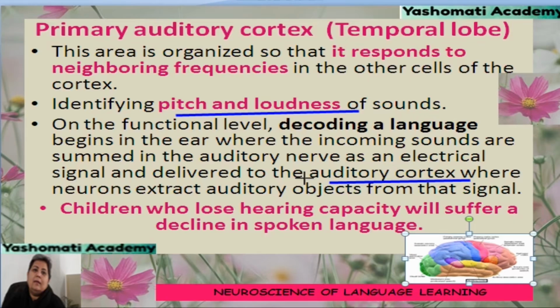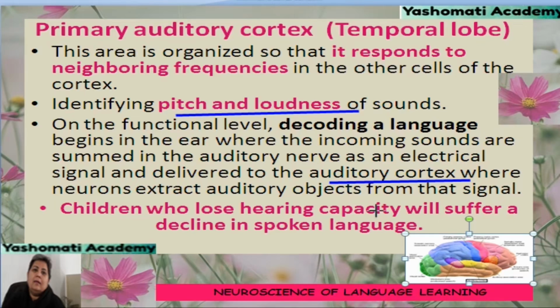This part of the brain is helping us to understand what we are hearing. When we get to understand what we are hearing, that is called decoding of a language.